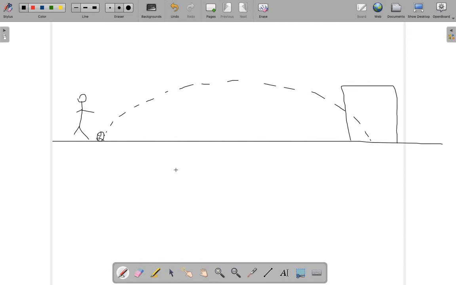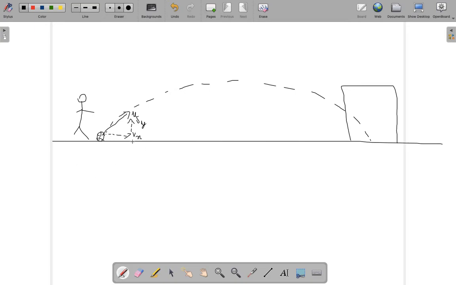Now we can make a few simple calculations from here. When he kicks the ball with an initial velocity of u, how do we calculate things such as how far the ball has gone, or how long it will take for the ball to land? For that, the first thing we should do is split this into two components: the velocity in the x direction, towards the goal, and the velocity in the y direction, the one that points upwards.